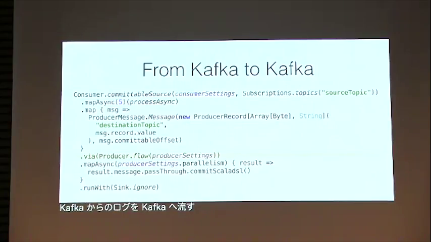It back pressures on the writing to Kafka, and then the next stage would do commit, also asynchronously. This producer settings.parallelism parameter here in map async allows us to have multiple commits in parallel if we really need to fine-tune the performance.